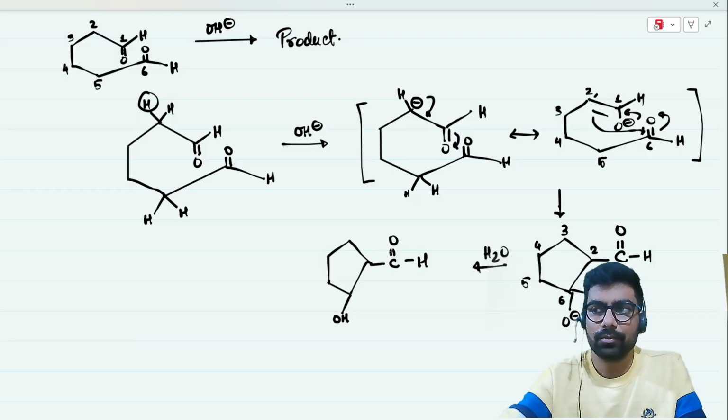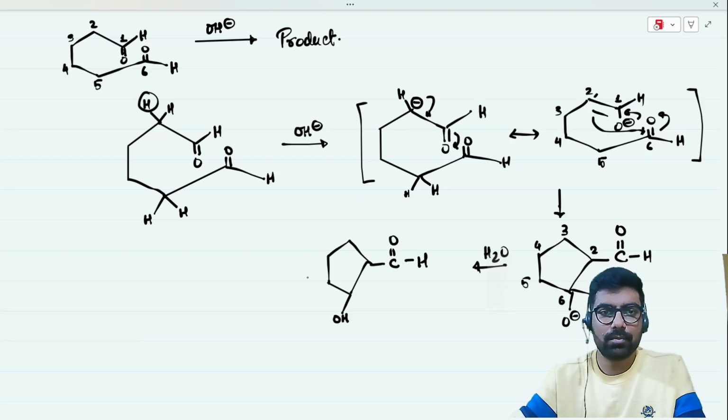Now, what are the things that can take place? You can see that this molecule, you can leave the reaction over here also, or you can do one thing.